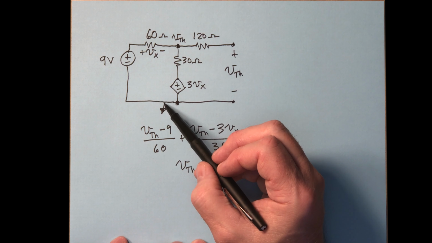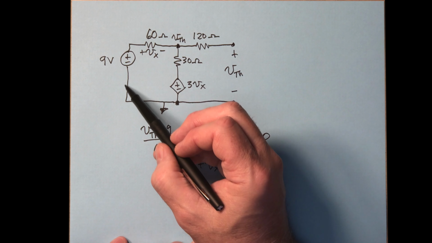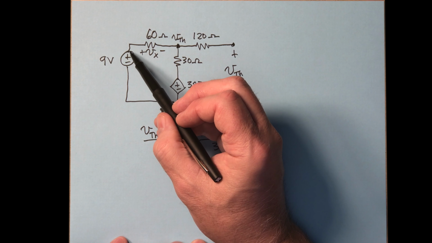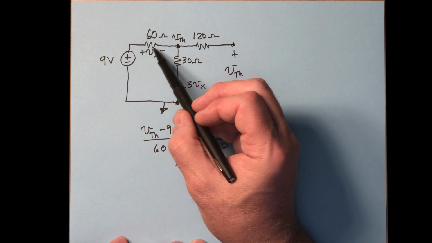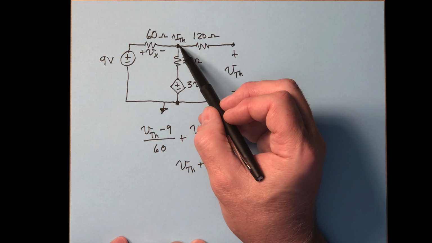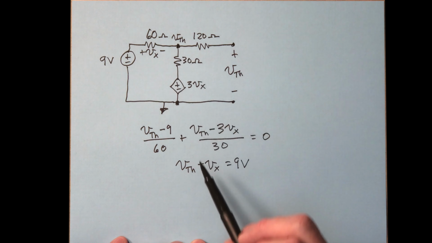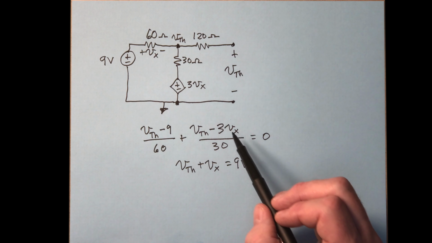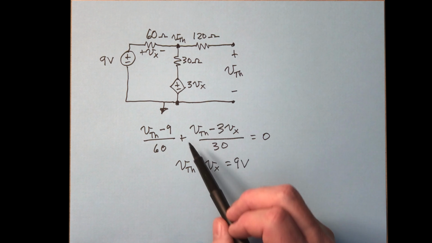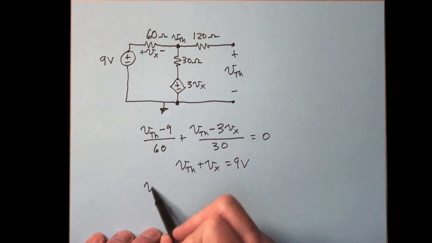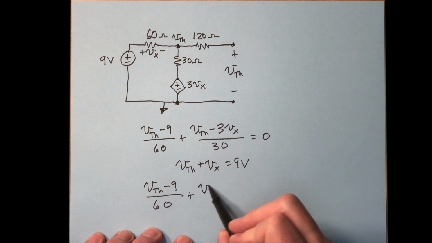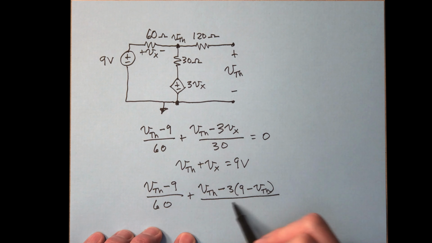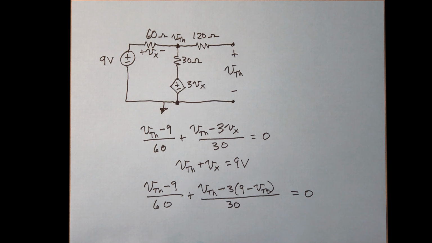So if I started down here at the reference node and I went a rise of 9 volts and then a drop of V sub x, then I end up at VTH. That's what this statement right here is saying. But this statement right here, I'll substitute this into the top equation, and when I do that, we get this. We get that right there, which we can solve that for VTH now.